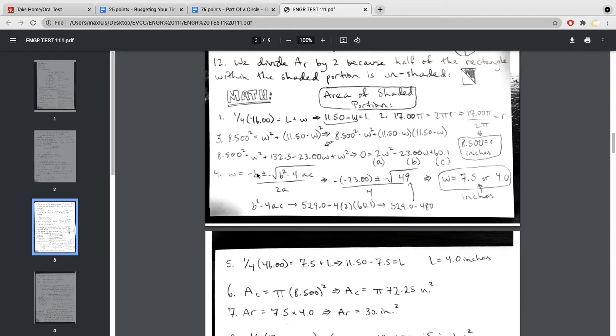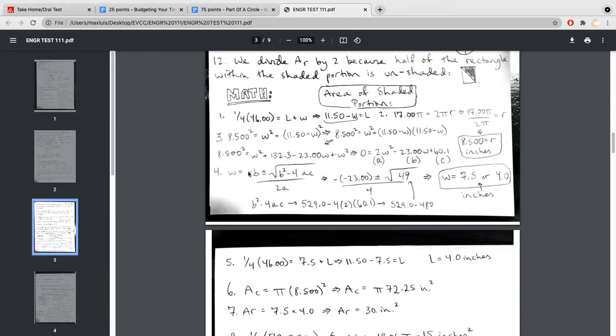So now we can use the quadratic formula, if I'm remembering that right, to find the width of the small rectangle.